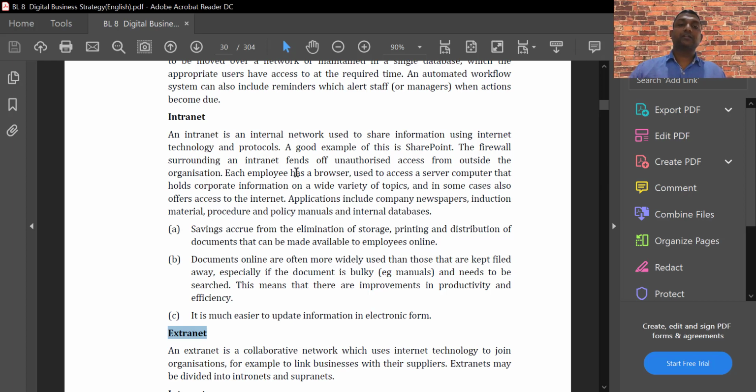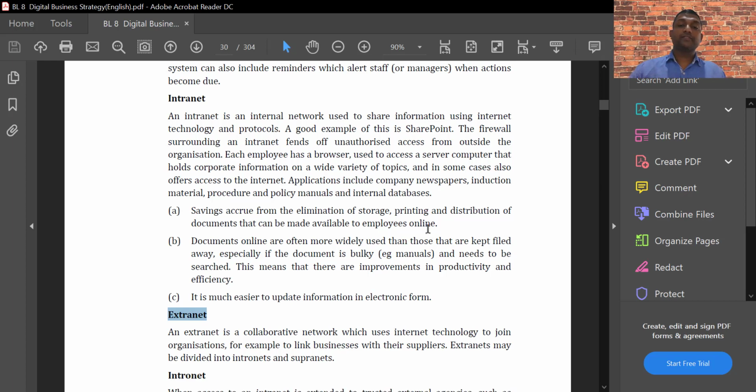I think you have seen examples of using file management, document management, management of forms, using SharePoint kind of applications. This is the internal network which all the staff members use on a day-to-day basis, and it's not directly accessible by outside people.